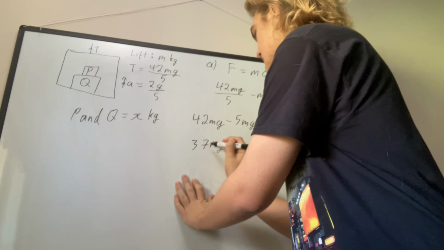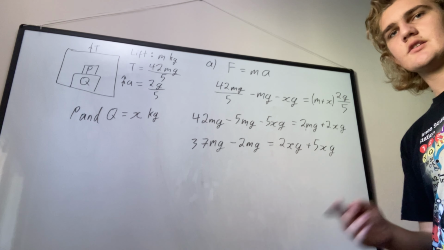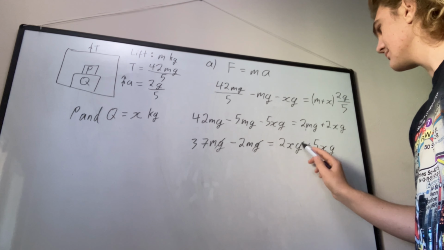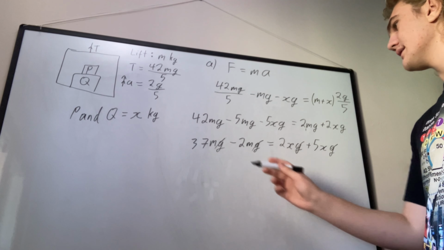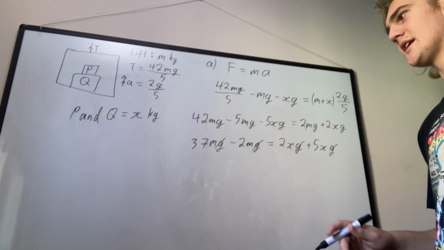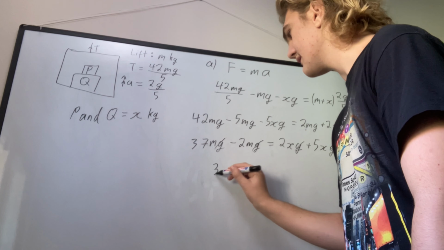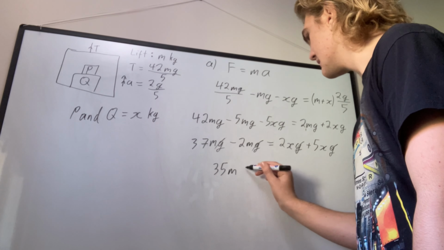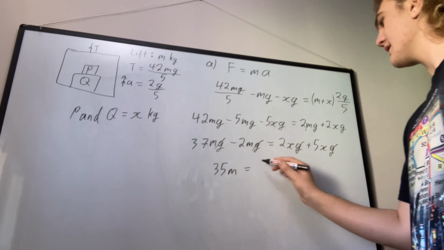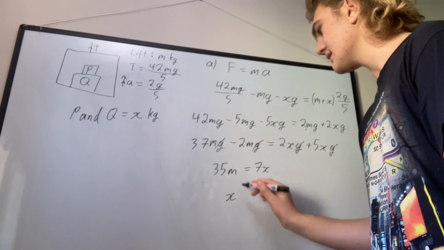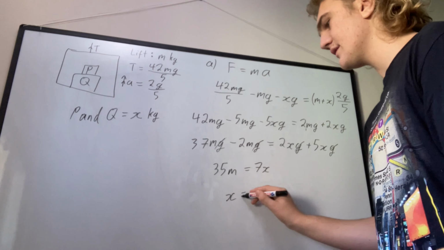Now, because everything has a g, I can just cancel the g's out, and then I'm left with only values of m and x. So 37m minus 2m is 35m equals 2x plus 5x, which is 7x. And then that means x is 35m divided by 7, which is 5m.